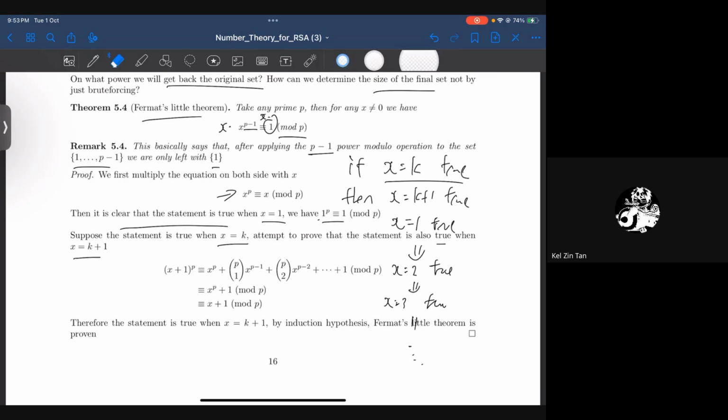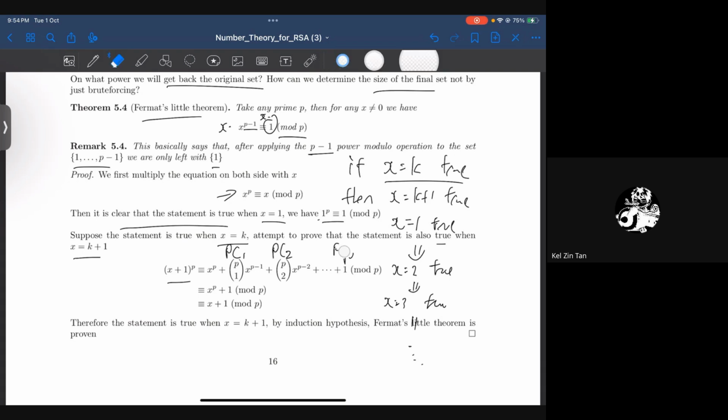Okay, so how do we prove this? We just take x plus 1 and raise it to a power of p, and then we see what happens. So x plus 1 raised to a power of p, then you use binomial expansion, which gives p choose 1, p choose 2, until p choose p, and p choose p is 1.